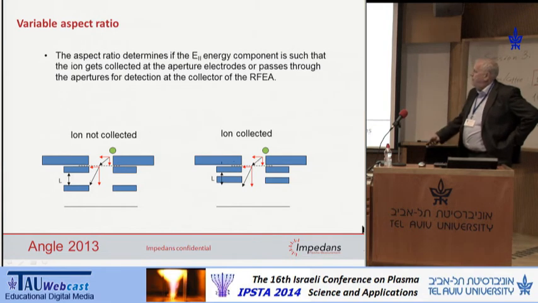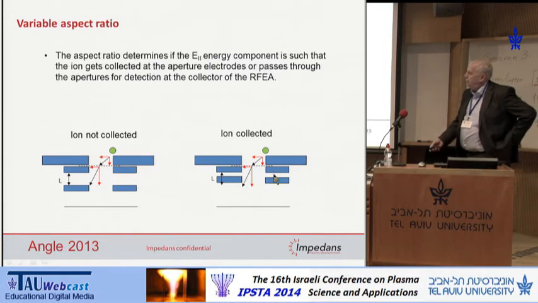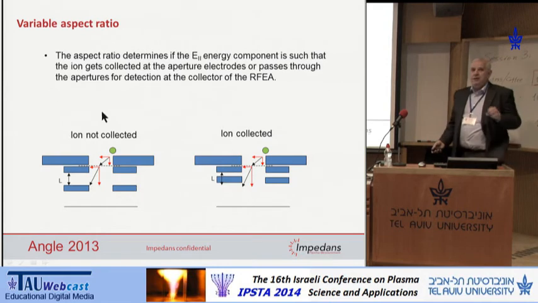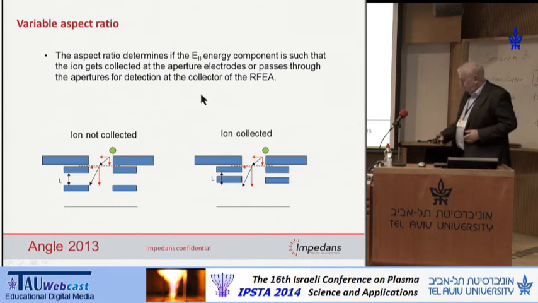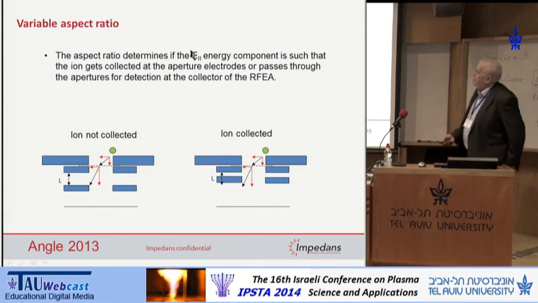And then if we have a shorter distance here, then an ion coming through will get through with a larger angle. So in this case, if both of those are the same angle, then this ion doesn't get through because it hits this aperture, whereas this ion gets through. So you can imagine if we could vary the aperture, we could look at the angle of the ions coming through. But there's a simpler way of doing it.